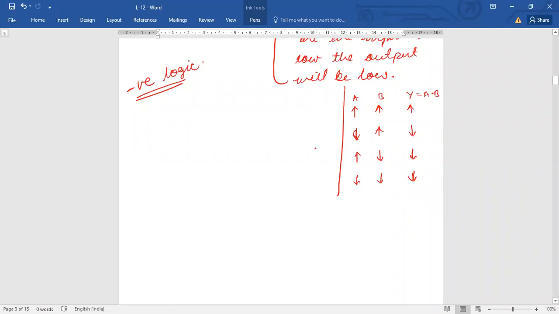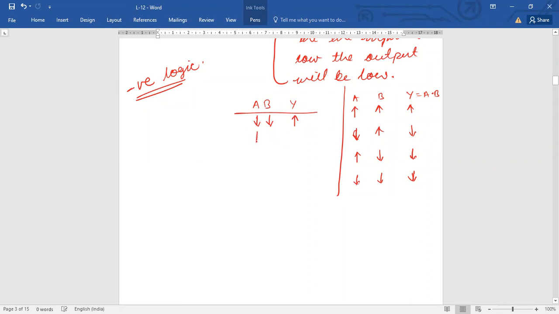Okay. अगर इसे हम negative logic में अगर कहें तो what will the output we will get? A, B and Y. So in this case, what is the output that we will get? So we will have, in this case, when both of these are low, we will get what? High. The high value. Okay.